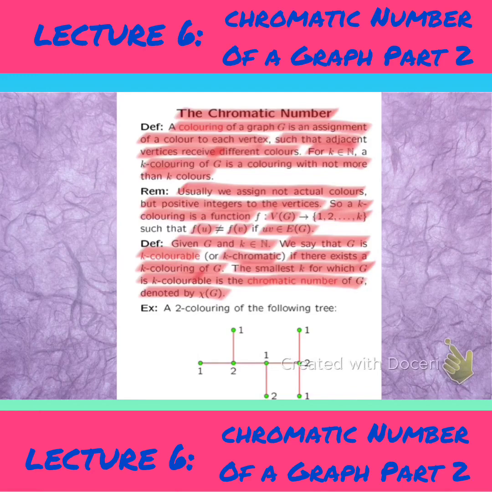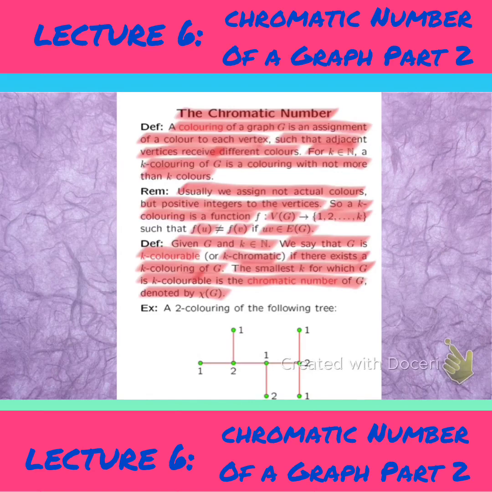Now, in the case of a tree, here's an example. You can see that this particular tree can be colored with two colors, so that no two adjacent vertices receive the same color.